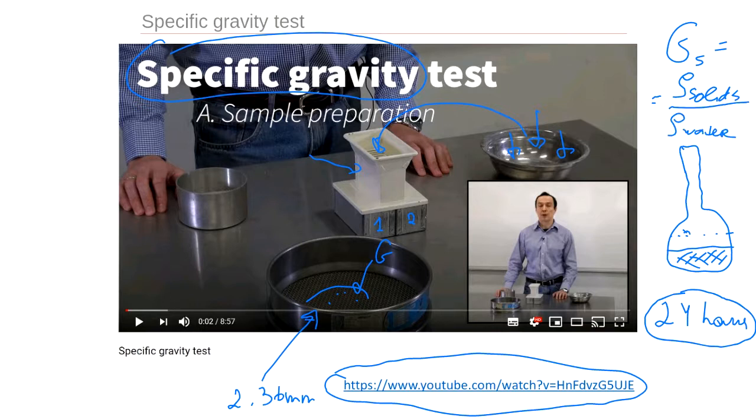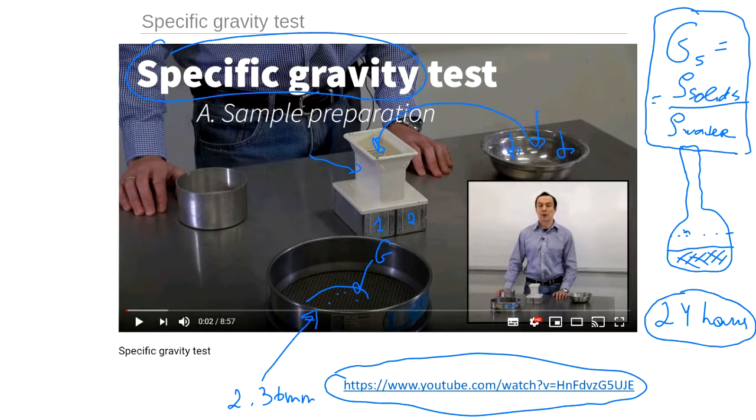That's the textbook definition of specific gravity. If you watch the video, you will see that there is a different procedure and a different formula, but this is the physical meaning of specific gravity. So we'd like to see how heavy solids are compared to water.